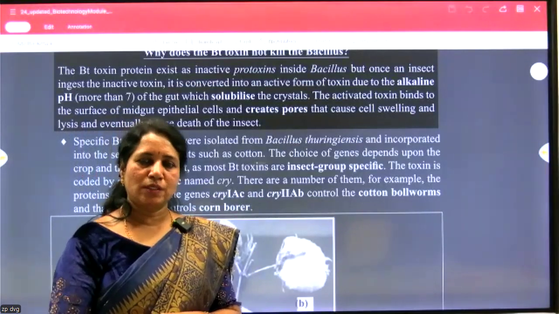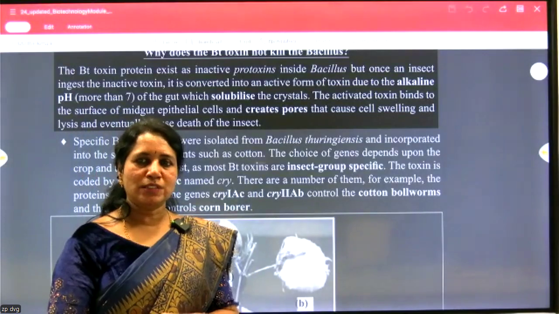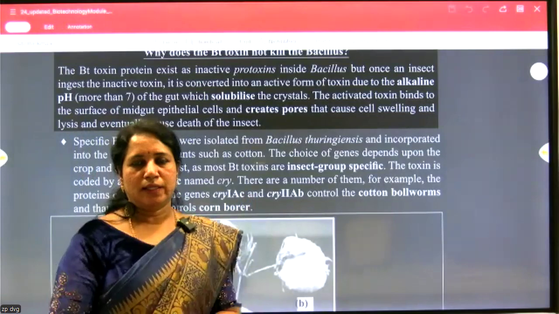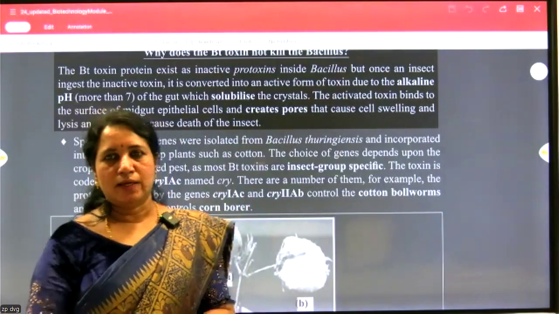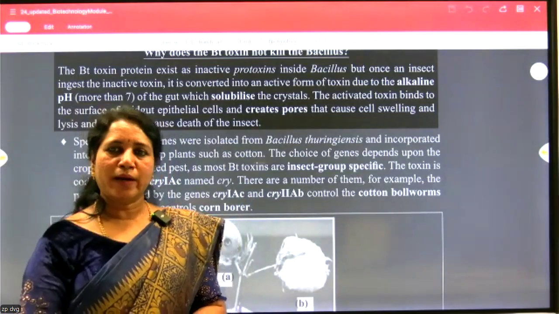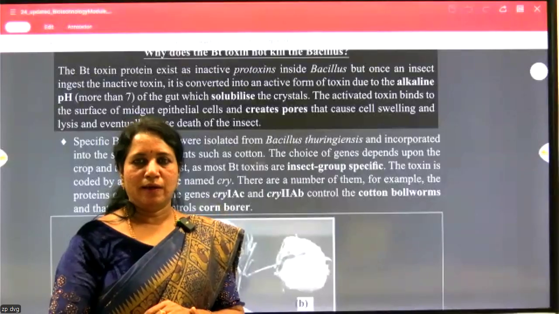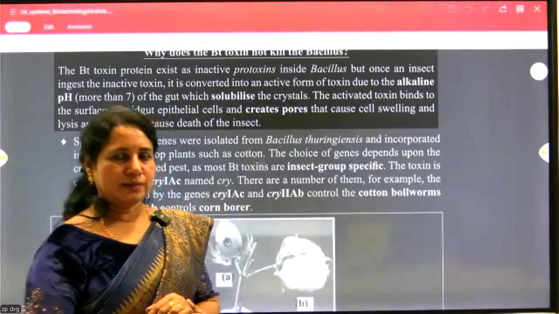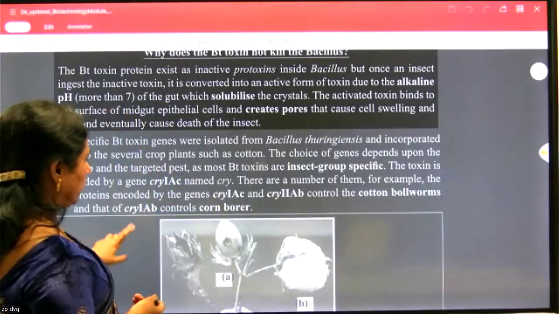When these proteins are ingested by the larvae, they dissolve due to the alkaline pH of the gut, the epithelial cells absorb more and more of the crystal protein, and the cells burst. Like that, the larva dies. So this is about BT cotton.